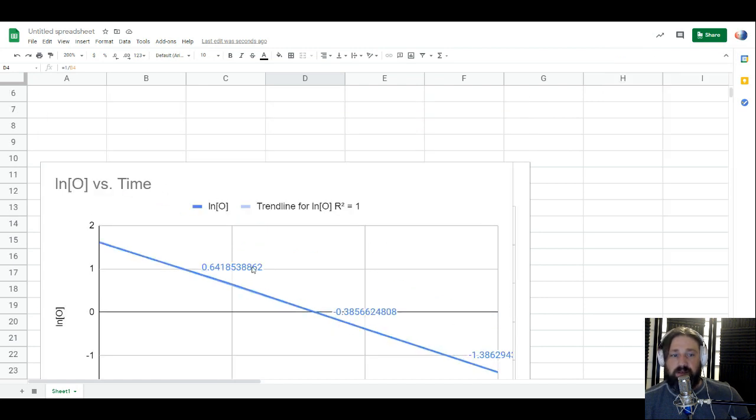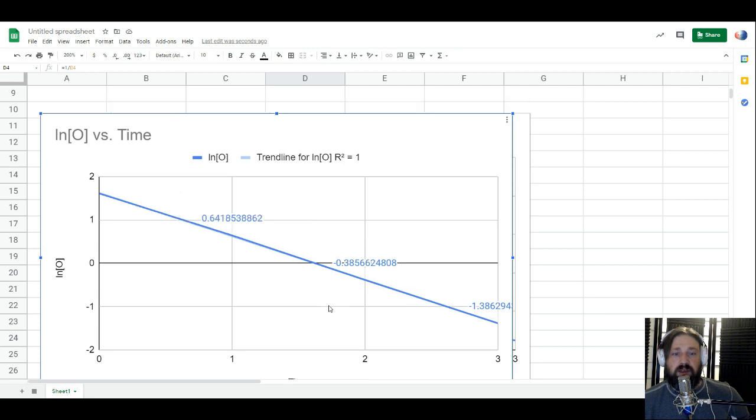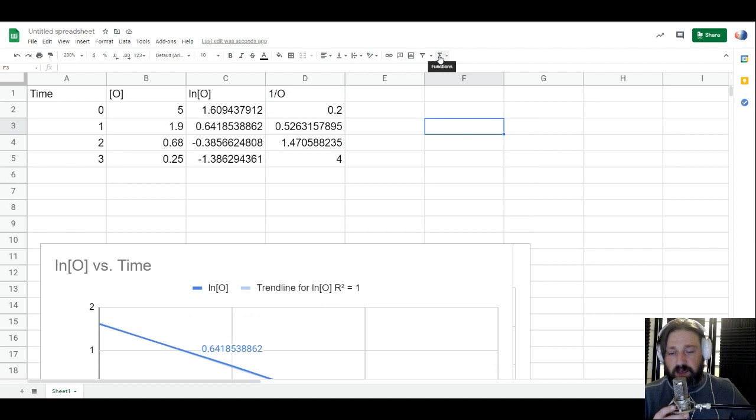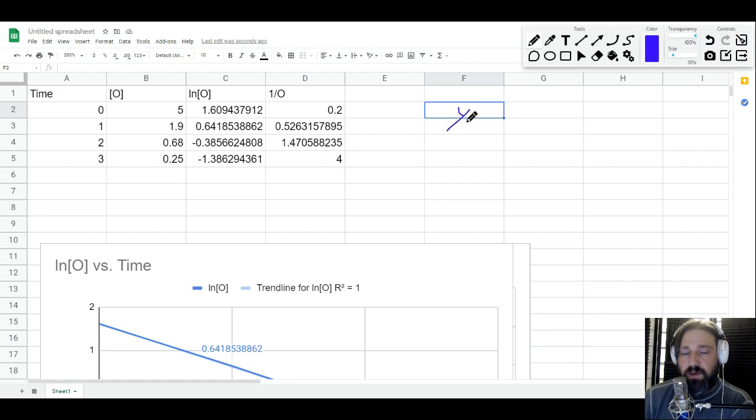But we don't have that. But remember, what you can do is Y2 minus Y1 over X2 minus X1. This is a way to find the slope. Remember, the slope of these equals k.